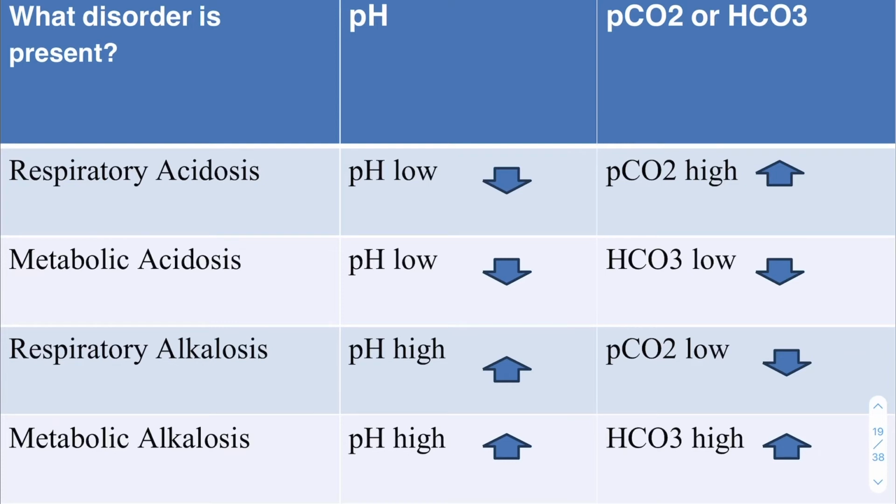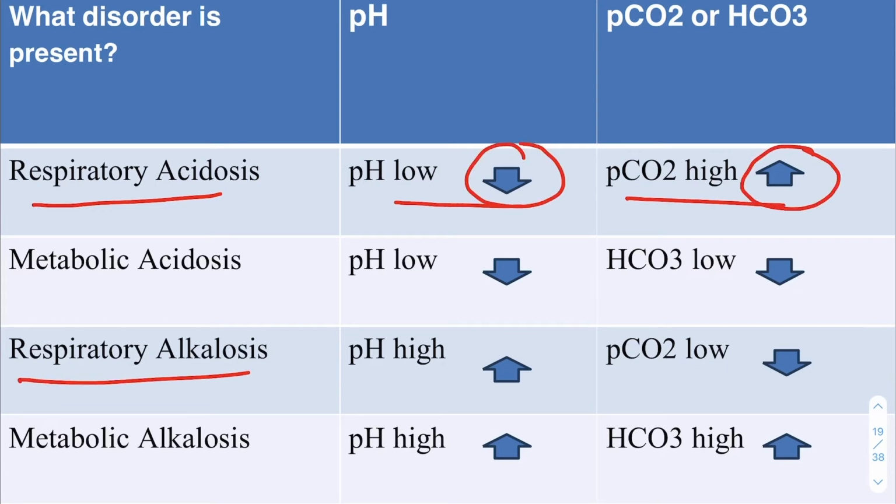So let's see. Respiratory acidosis, pH is low and PCO2 high. The direction is opposite. Respiratory alkalosis, pH is high, PCO2 low. Again, the direction is opposite. As I said, for respiratory disorders, the direction of change of pH and PCO2 will be in opposite direction.